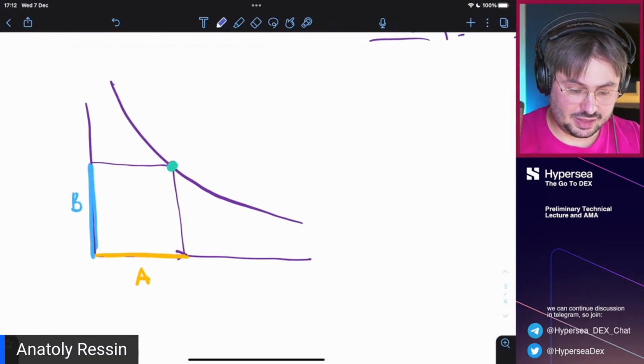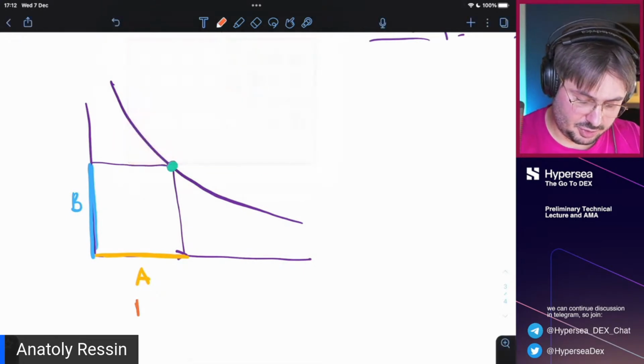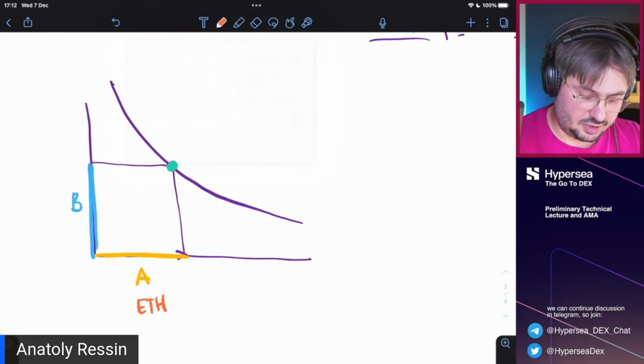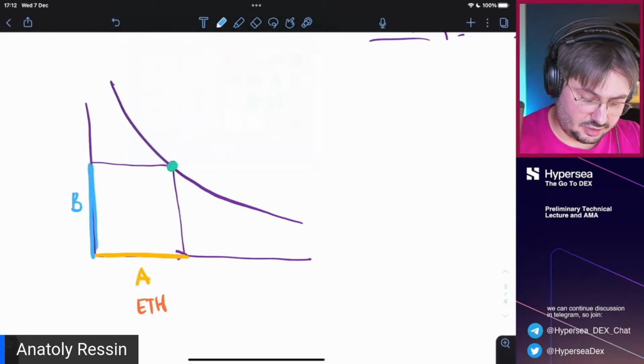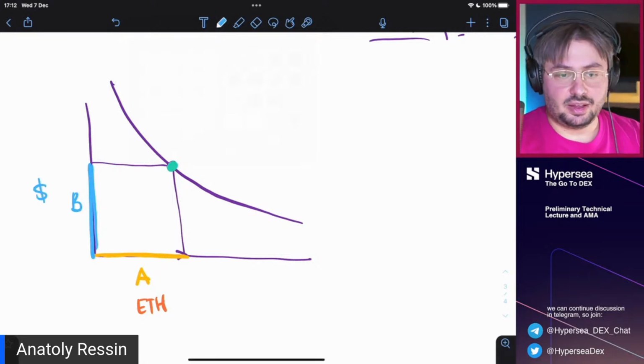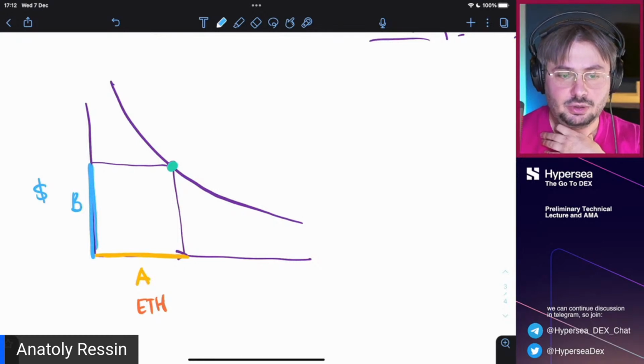So let's say that this one is Bitcoin or Ethereum. Let's say Ethereum, and this one is just dollar. I just want to note that in all our diagrams, we will organize this information this way.